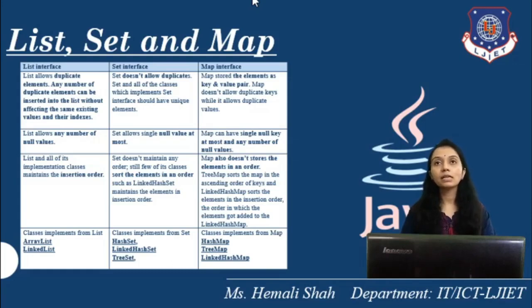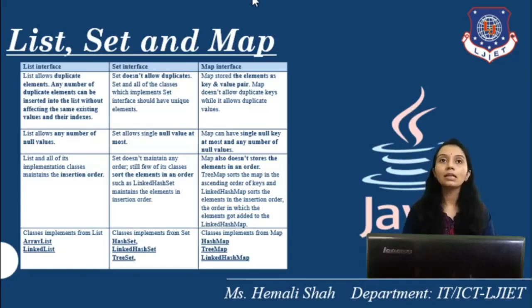Now map basically stores your data in key-value pairs. In list, you can add as many null values as you want in your collection, while in set you can only allow a single null value as an element of the collection. In map, you can allow a single null value for the key, but for the value part, you can allow as many null values as you want in your map collection.